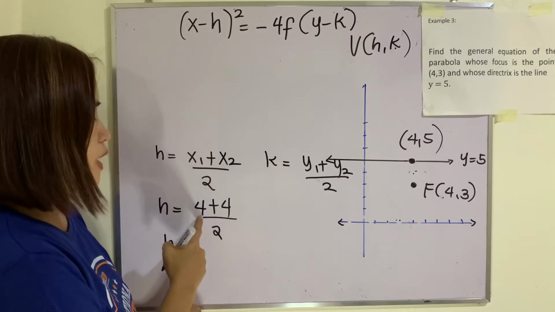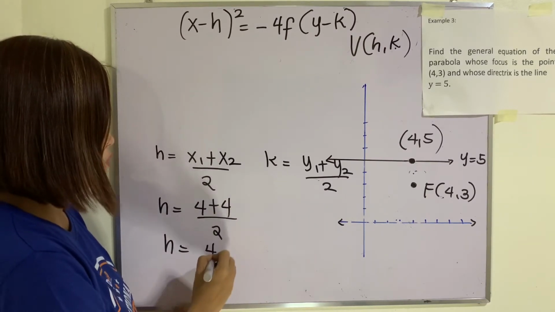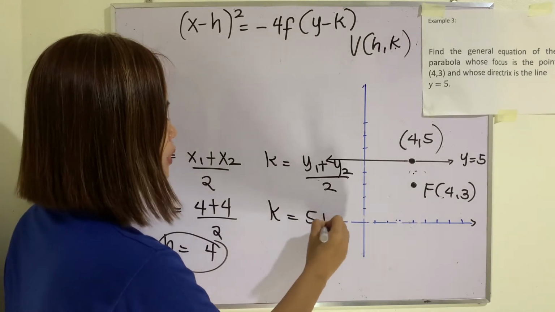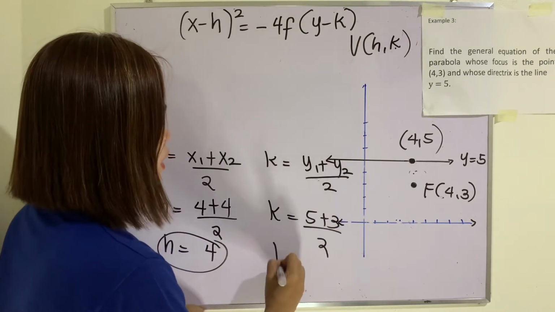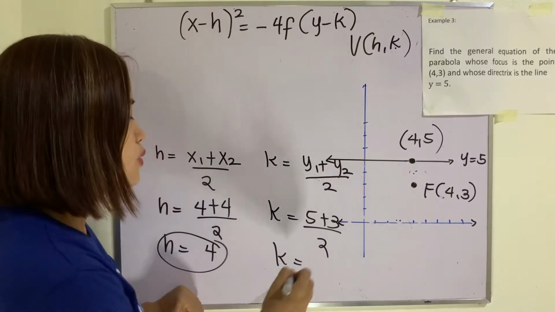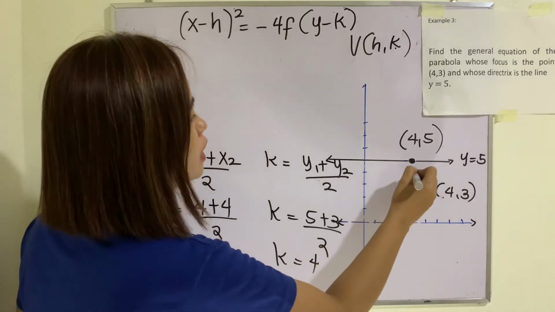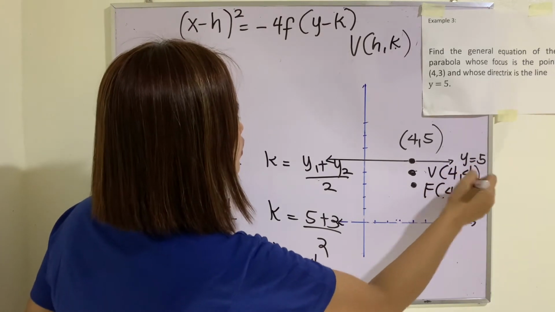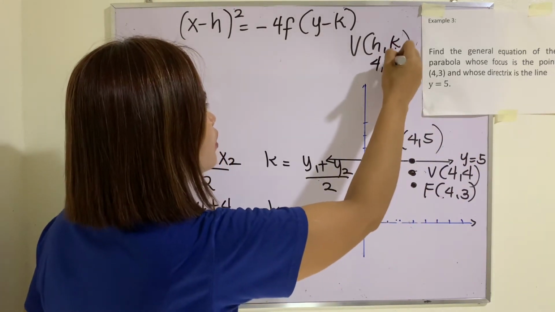H is equal to 8 divided by 2. That is 4. And then for k, we have 5 plus 3 divided by 2. K is equal to, of course, 4 also. So meaning your vertex is (4, 4).